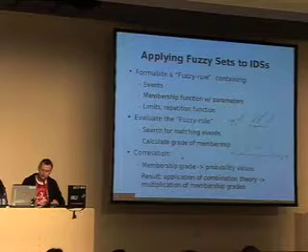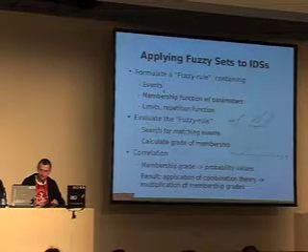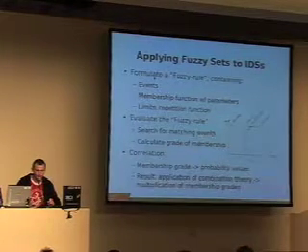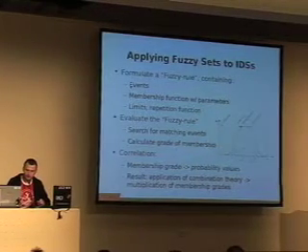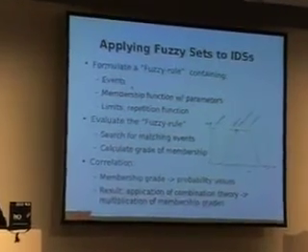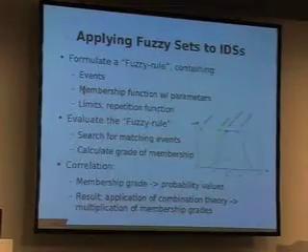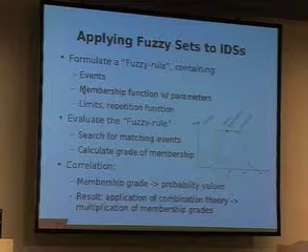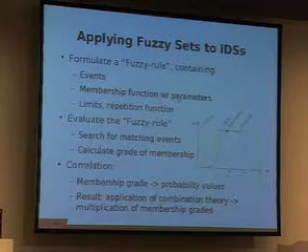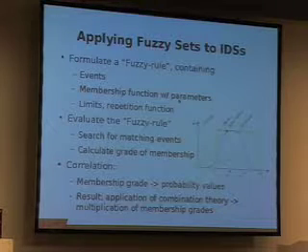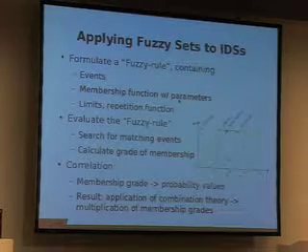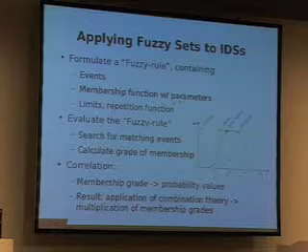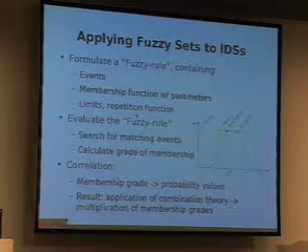The first one would be to formulate a so-called fuzzy rule. Each fuzzy rule must contain the events we're looking for. Each event gets a so-called membership function assigned, with also the parameters which can modify the shape of the function, and also limits and a so-called repetition function.